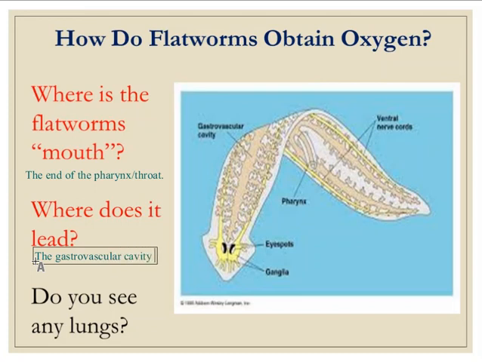That's where the food goes. But there are no lungs that we can see, no lungs proper per se, that you would feel in your chest as you take a big breath in. Your chest expands because your lungs are expanding, but there are no lungs in flatworms. So the answer there will be no. No lungs.